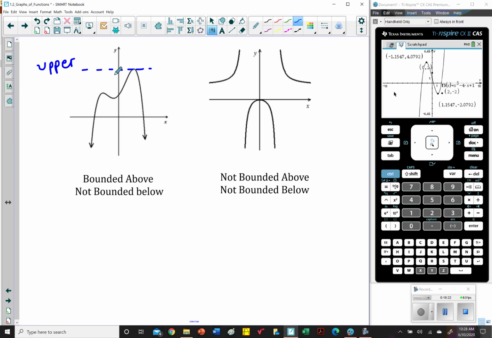That's the top of the range. And this one is not bounded at all. It goes down forever in the middle here. And then at the extremes up here, it's up around those vertical asymptotes. So not bounded at all.